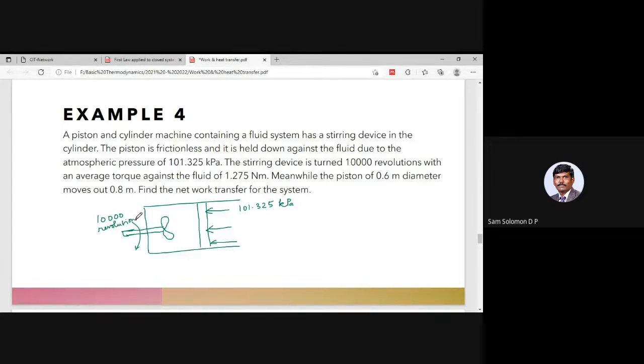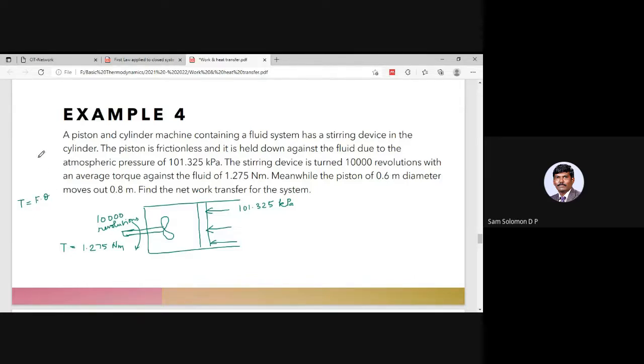and the torque of this particular steering process, the torque that has been generated, torque is nothing but rotational force. If it is a translatory motion, we call it as force. If it is a rotational motion, then we call it as torque. Okay, so this torque is 1.275 Newton meter. The usual representation for torque is F times theta, but theta is the angular displacement.